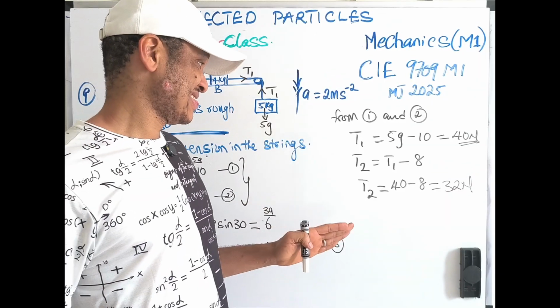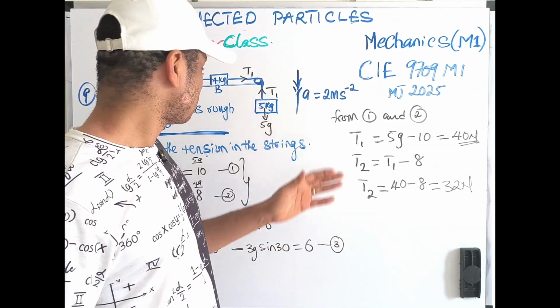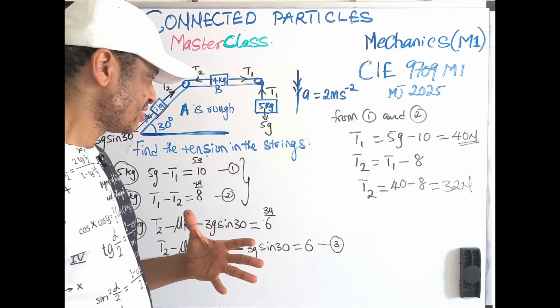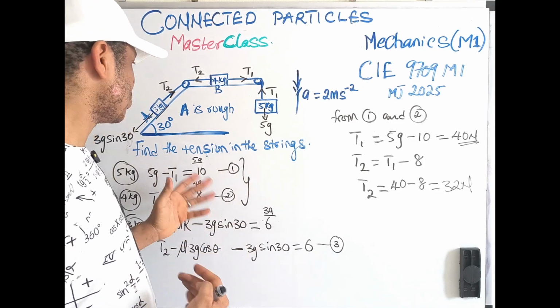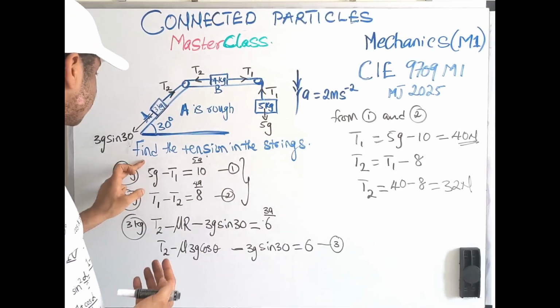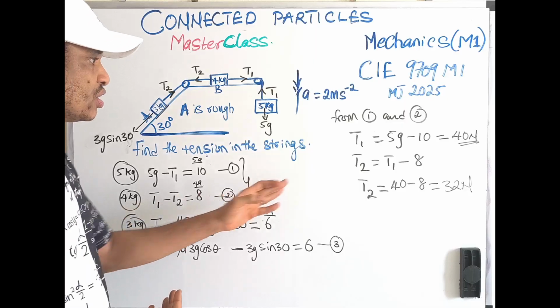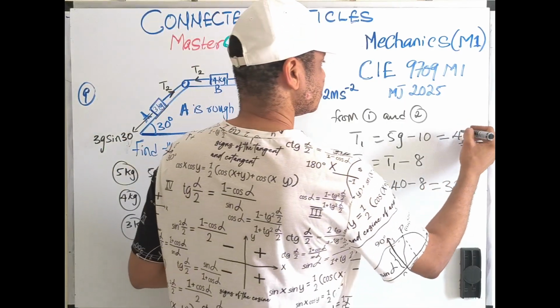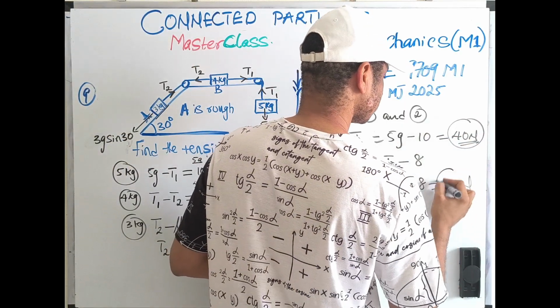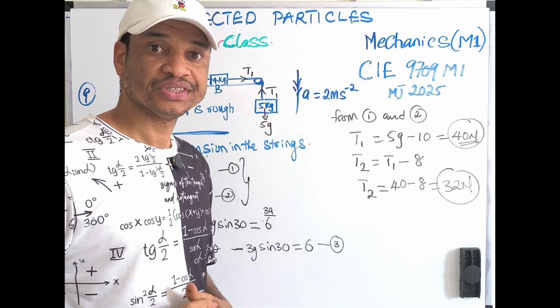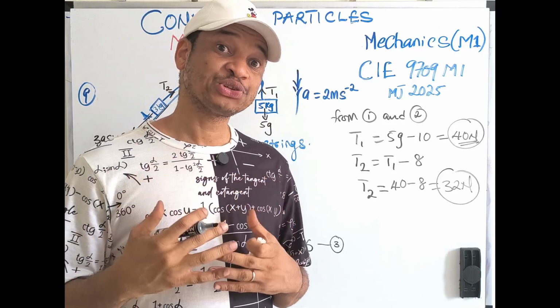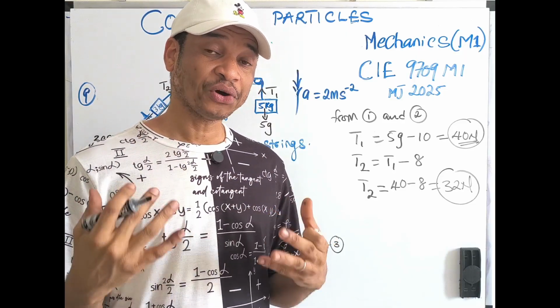These are my answers. So we just resolved everything. The next part, we're going to find mu, using T1 and the first two equations to find T1 and T2. Okay?